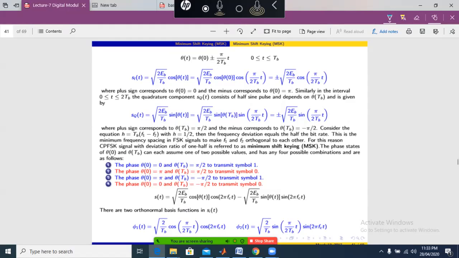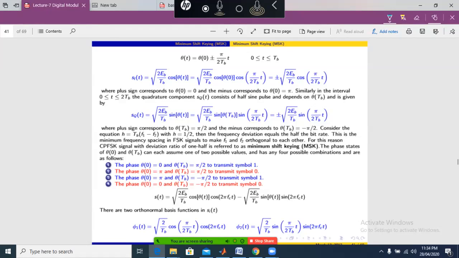So first we look at the possibility that here we have the initial phase 0 at time 0, and at time Tb it is pi by 2.